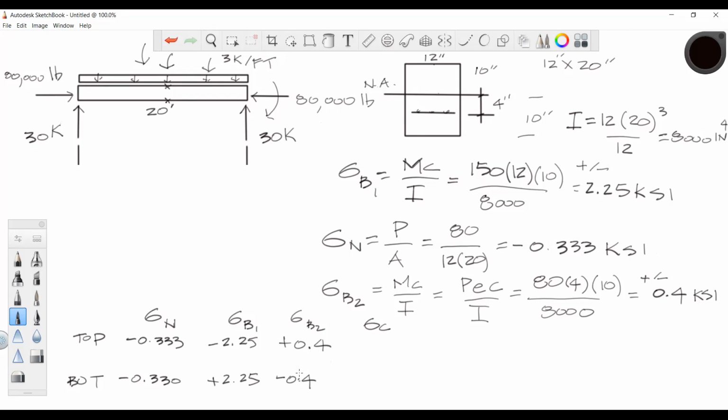So when we add these together, that's going to be your combined stress. I get a negative 2.183 KSI.